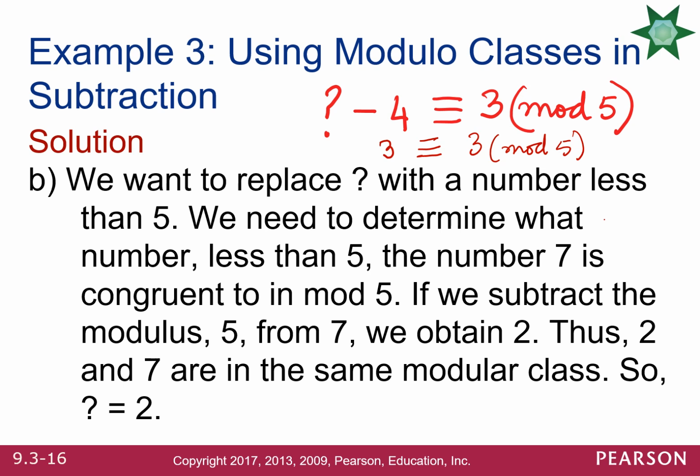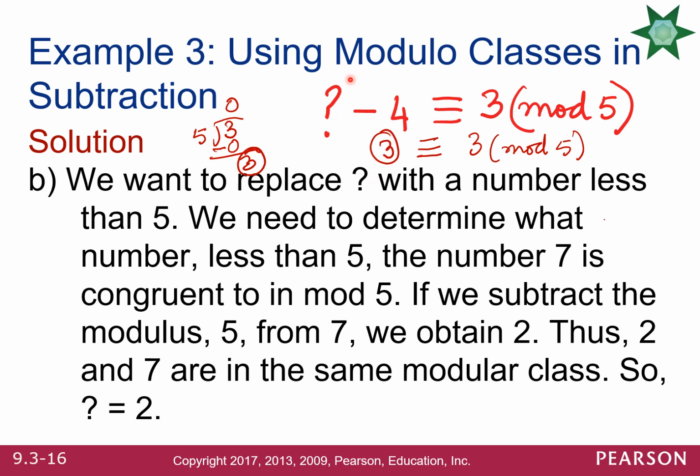To prove that, just take this 3 divided by 5. 5 goes into 3 0 times, so 0 is in the quotient, subtract the 0 from the 3, and we end up with a remainder of 3, correct? So this is a true statement.